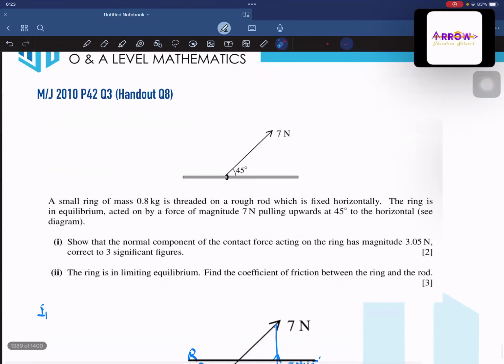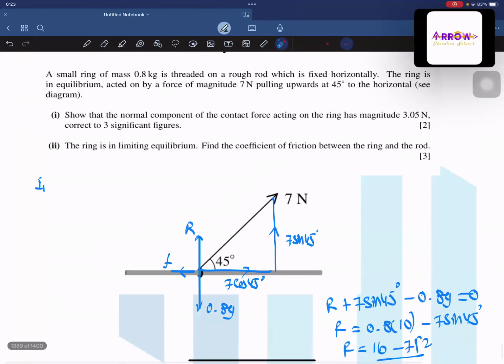So first thing first, we are going to mention all the forces which are acting on the ring. First of all, we have the weight of the ring. Since the mass is 0.8 kg, weight is 0.8 g Newton, and in the opposite path upwards, we have the normal contact force, which is perpendicular with the rod.